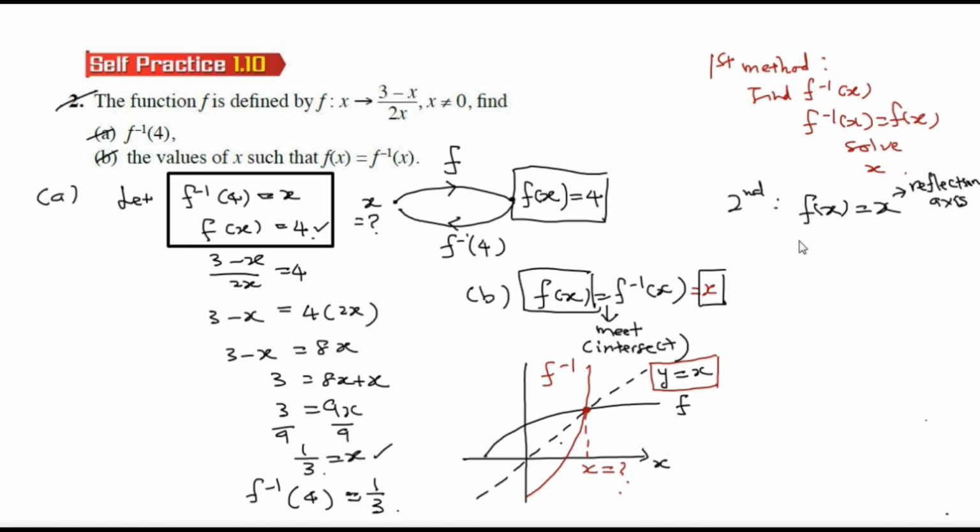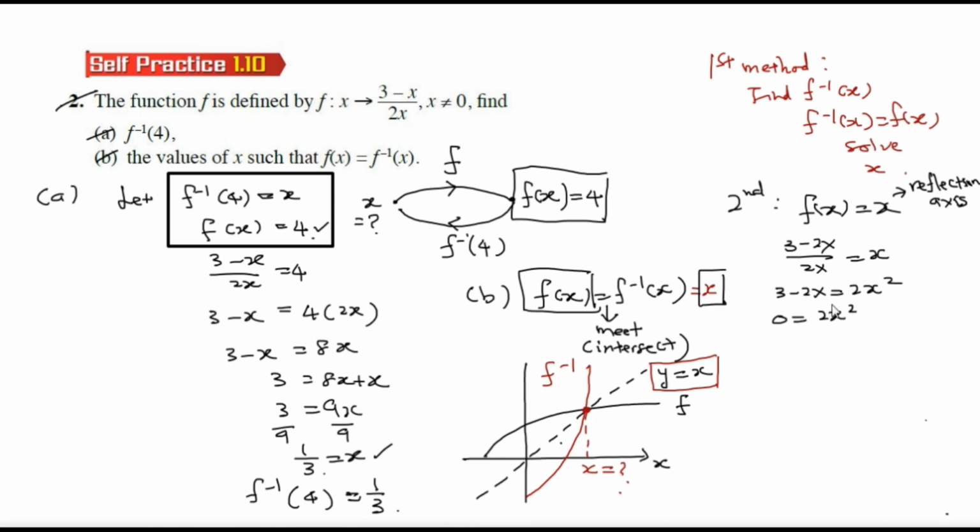And now f x is (3 minus 2x) over 2x equals x. We times both sides by 2x, so we have 3 minus 2x equals 2x squared. Form the quadratic. Let one side equal 0.